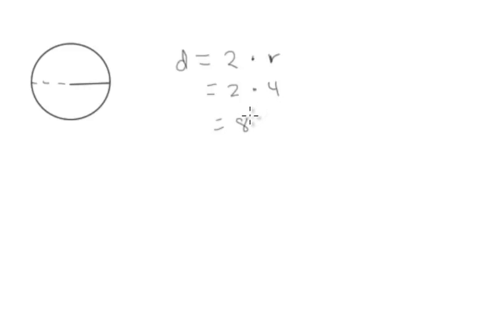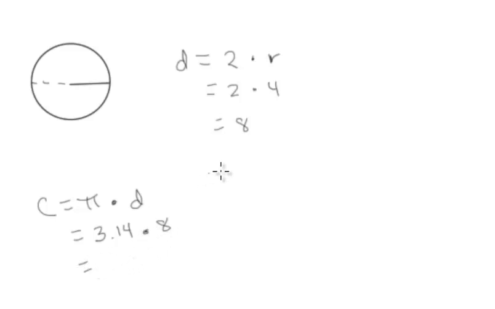So then let's do the circumference now. The circumference is going to be equal to the value of pi times diameter. So that's going to be equal to 3.14, which is what we're using for the value of pi, times the diameter of 8.